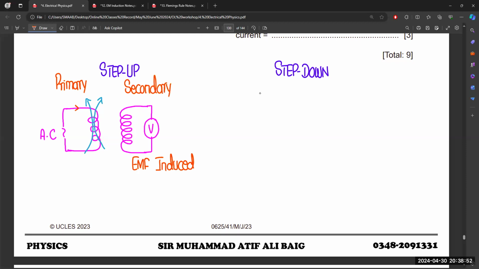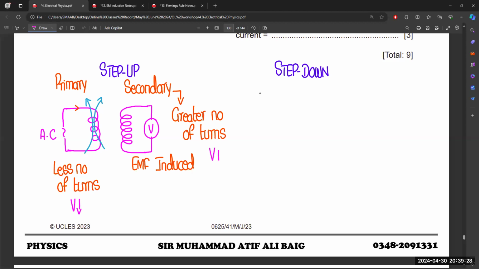So in the primary coil, we have a smaller number of turns, and in the secondary coil, we have a greater number of turns. When we have fewer turns, you will get less voltage, and when you have more turns, you will get high voltage.